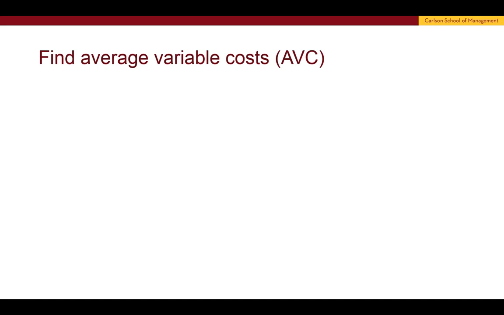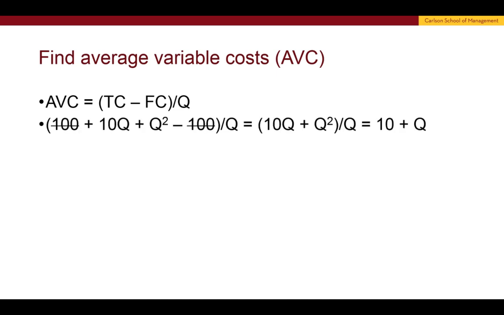How about average variable costs? Well, average variable costs is total costs minus fixed costs over quantity. Or we could have just said it's variable costs over quantity, but of course variable costs are total costs less fixed costs, so this is true too. In this example, let's write it out: it's 100 plus 10 times Q plus Q squared, and that first chunk was total costs.